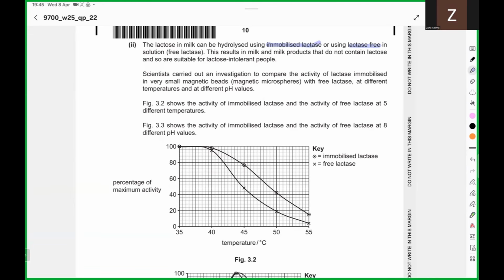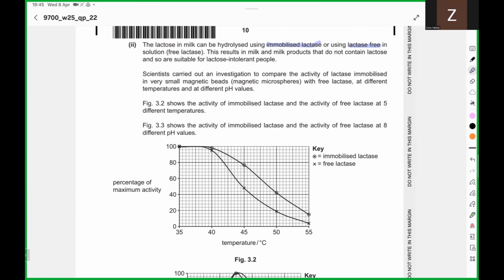Scientists carried out an investigation to compare the activity of lactase immobilized in very small magnetic beads, known as magnetic microspheres, with free lactase at different temperatures and at different pH values. Figure 3.2 shows the activity of immobilized lactase and the activity of free lactase at 5 different temperatures.